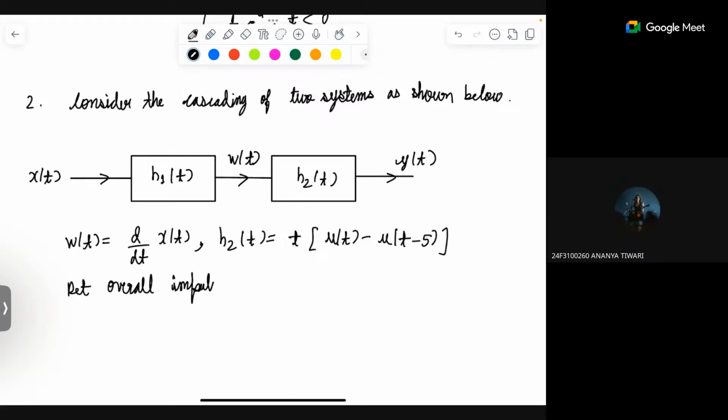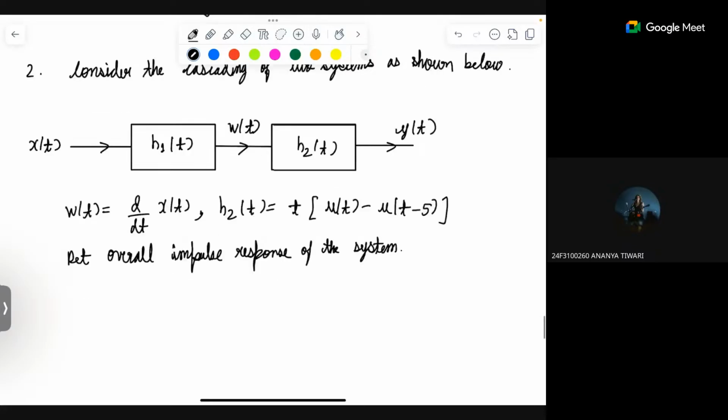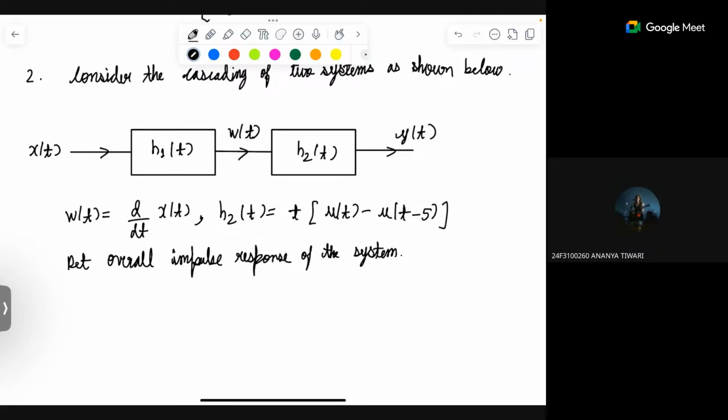overall impulse response of the system. So, just to revise, when my systems are in cascade, then they will be convolved.